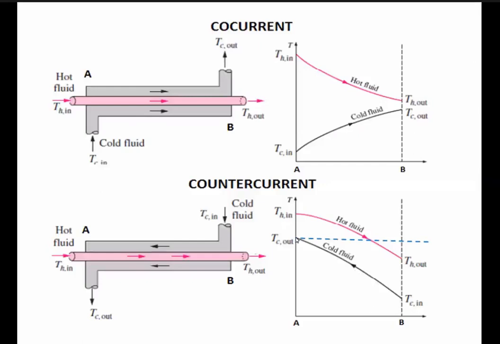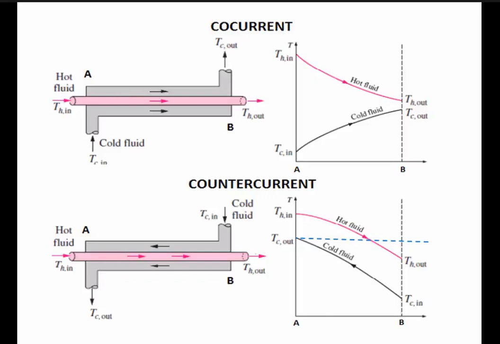Here there is something called a temperature cross. That is why I want to show it here. That means the cold fluid outlet temperature is a little bit more than the hot fluid outlet temperature. So this is called temperature cross. If a temperature cross is available in a heat exchanger, you need to go for a counter current exchanger.